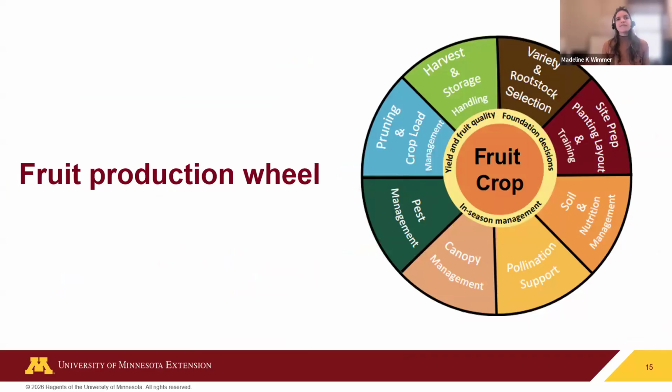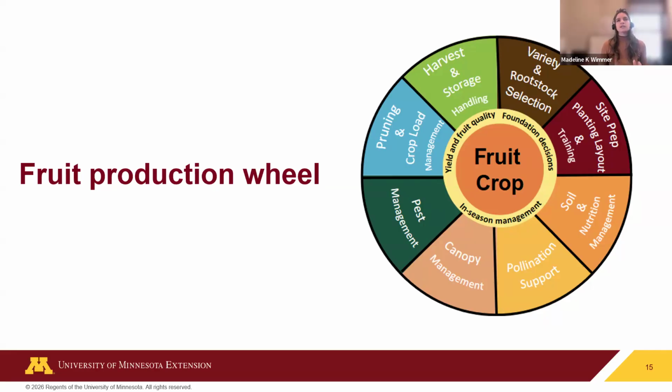So now introducing the fruit production wheel. This is something that I've been working on as a way to teach about the multifaceted considerations for growing fruit crops. And this is really broken down into three segments here. Decisions for foundation, which includes choosing a variety and rootstock when that's necessary, thinking about how you're going to prepare your site, how you're going to be planting, and then establishing and training your crops.